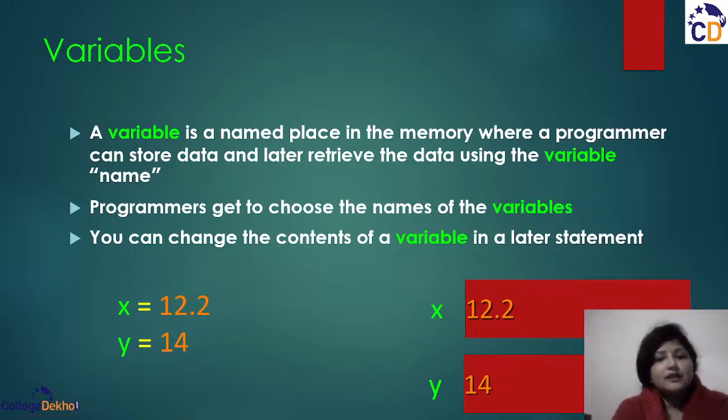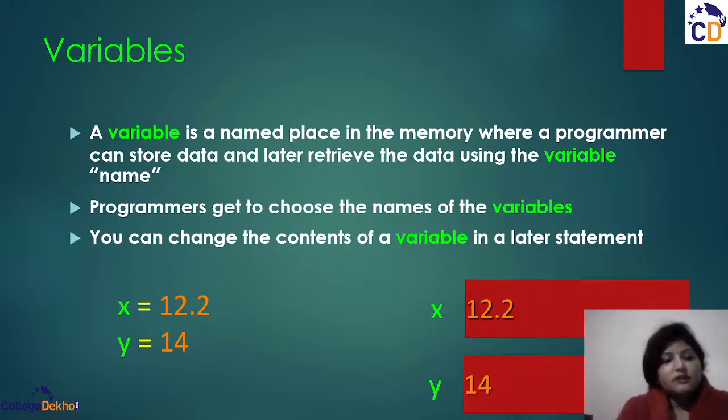Now let us see how we use these values. Suppose I give x is equal to 12.2 and y is 14. If it is defined as a variable, we can change the content of that variable in later statements. Here we have defined x as 12.2.